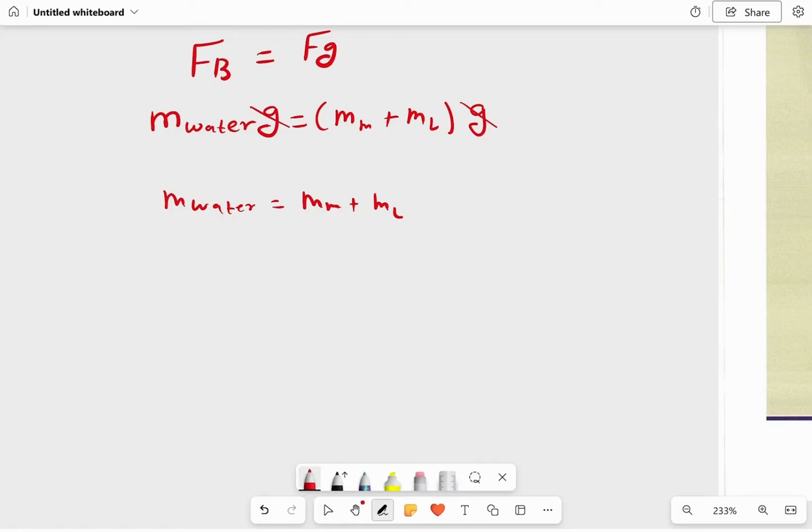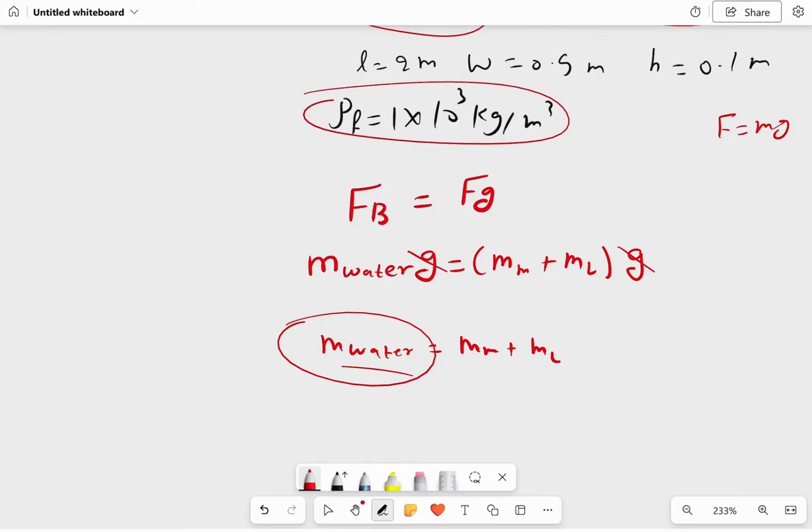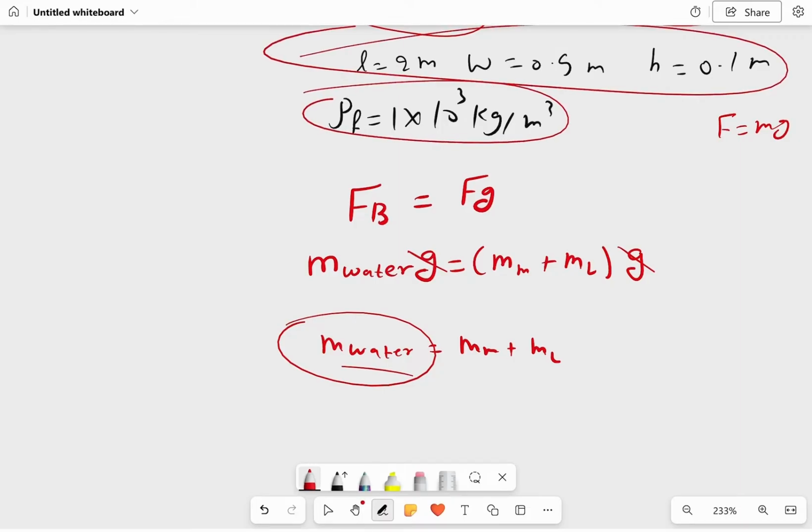Now, guys, I have the mass of the mattress and I need to find the mass of the load. But do I have the mass of the water? No. But do I have other givens that I can put here? Let's take a look. I have density, and I can find volume too.